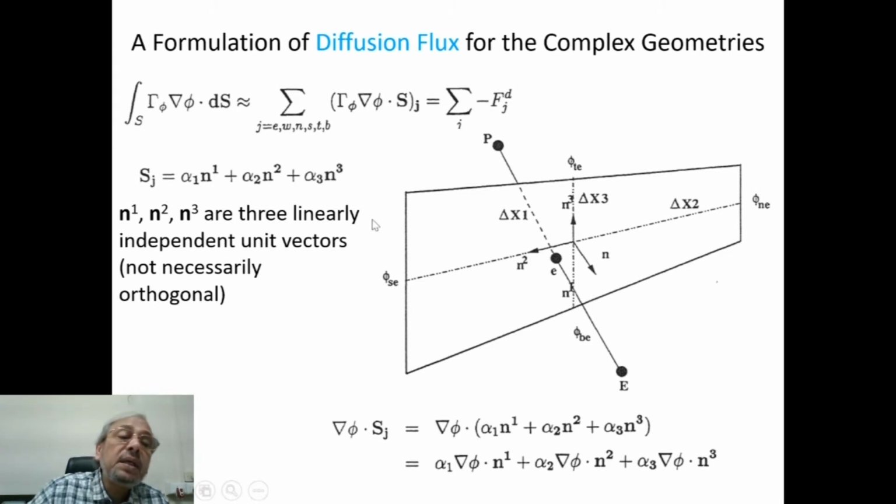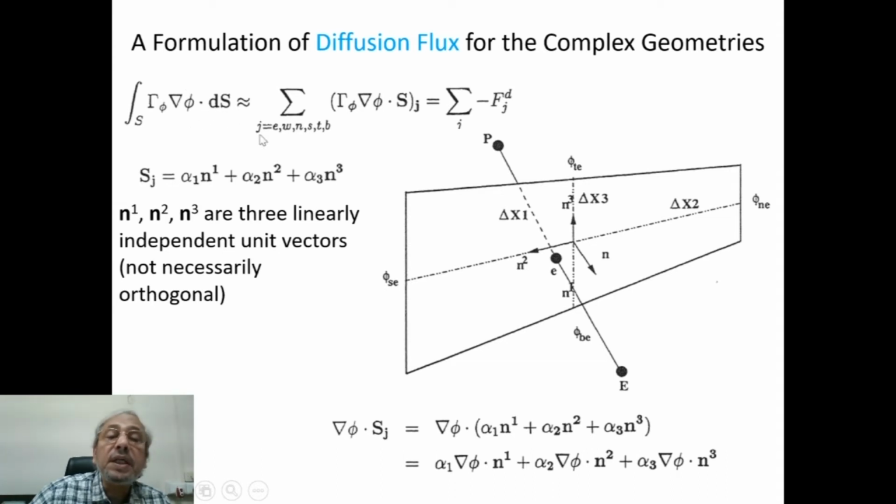Basically, we are performing the surface integral, and this is the diffusion coefficient. Phi is the quantity which can be convected or diffused. This can be UVW for the momentum equation, and for the energy equation this is temperature.